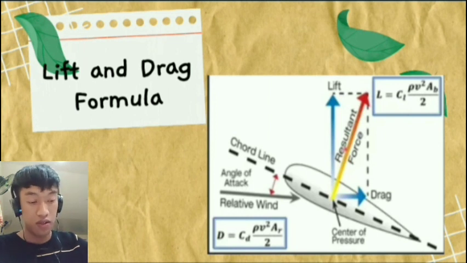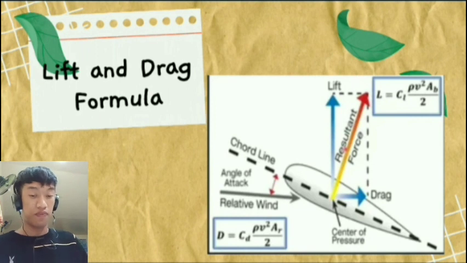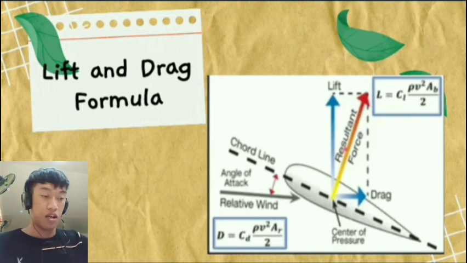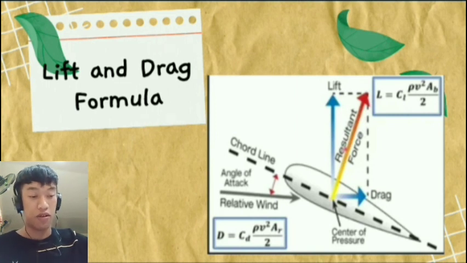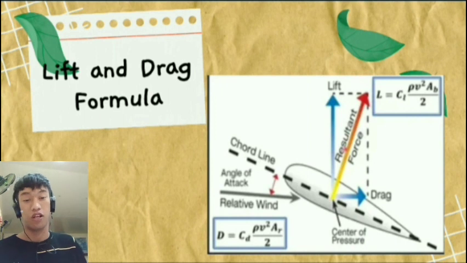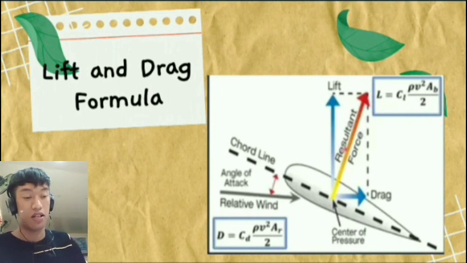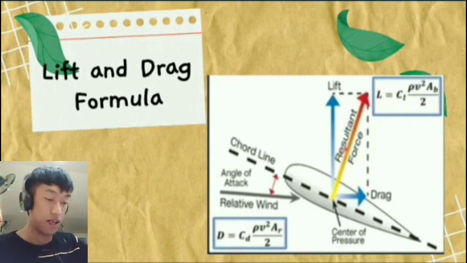Hindi naman natin kailangan mag-solve pa dito. Pero pinakita ko lang po sa inyo kung ano yung mga formula na pwedeng gamitin para sabihin natin kung paano mapagana, o ilang pressure o ilang density ng hangin ang kailangan para sa pag-ikot ng blade ng isang windmill.